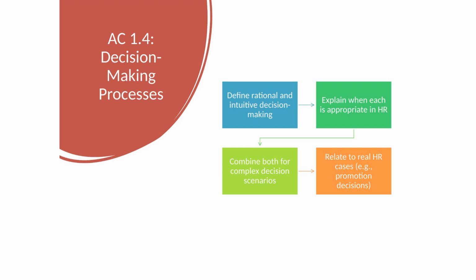Both have value, especially when used together. In complex HR problems, blending logical analysis with intuitive insight supports better outcomes. Show how decision processes lead to effective and ethical HR practices. Include models like Simon's normative model for rational decision-making or dual process theory to explain this balance. Use CIPD guidance for credibility.